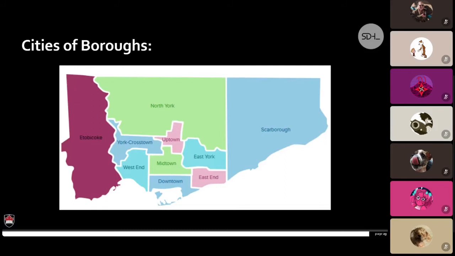And the old cities of Etobicoke, North York, and Scarborough were blended in to make this big city. Today, Toronto is Canada's largest city, with nearly 3 million people living in it. I'm reading this to profile the city a little bit for those who haven't been there. Next slide, please.